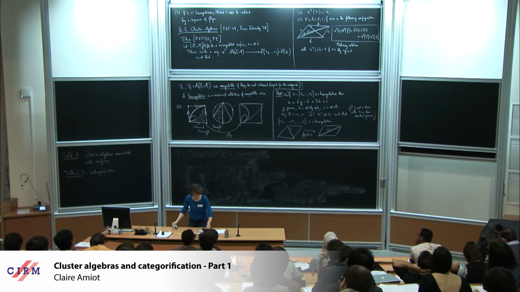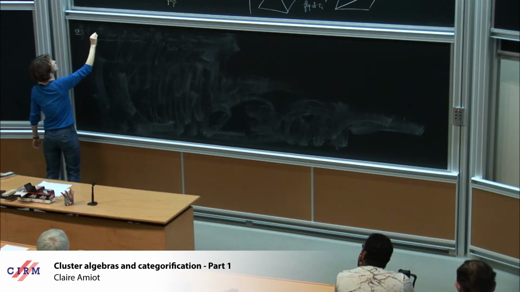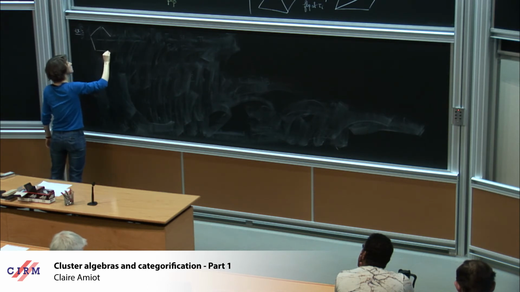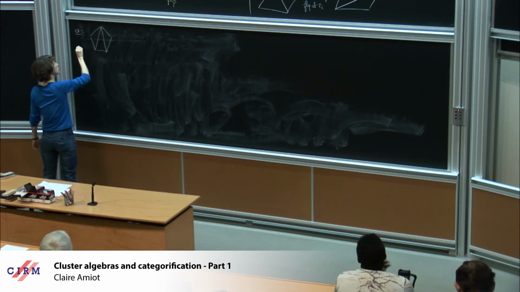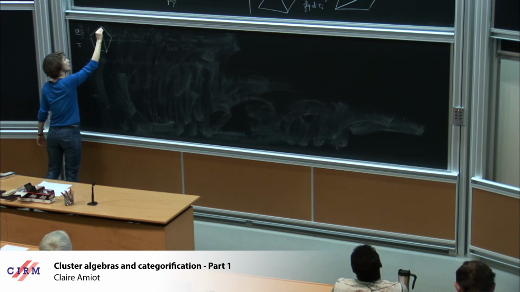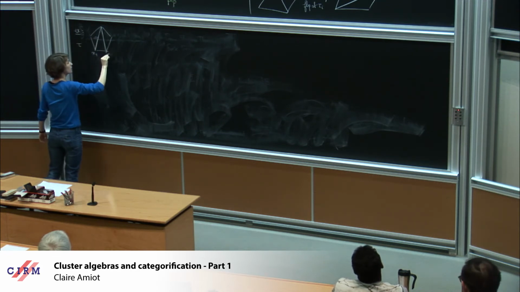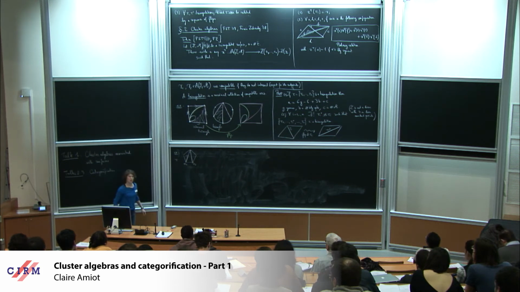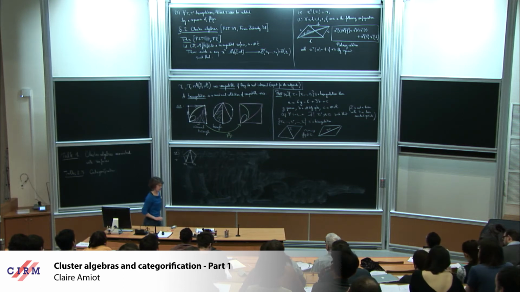I will just take the easiest example: a pentagon, with tau having these two internal arcs. I put x1 here for this internal arc and x2 here. Then I will flip these arcs. In this case I have only finitely many arcs, so it will be kind of easy.